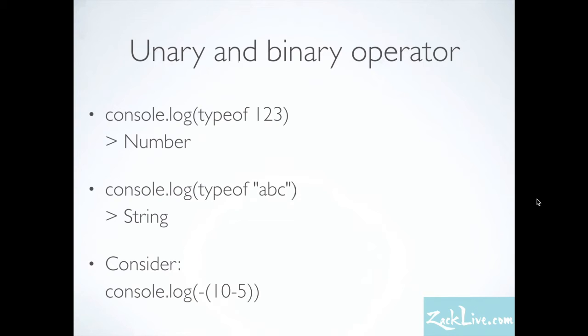And we see a console.log here. It's a function to output whatever is in the parentheses, I mean the results inside the parentheses. So in the second example, we use typeof for a string, so we got string.